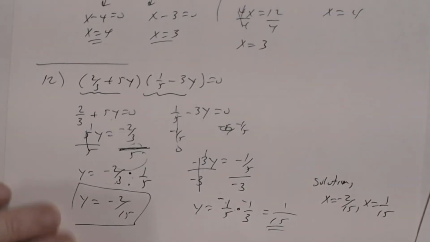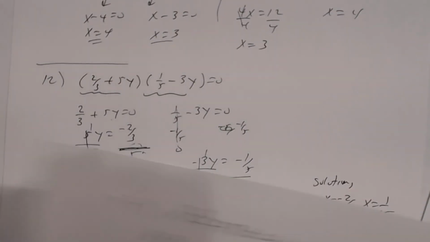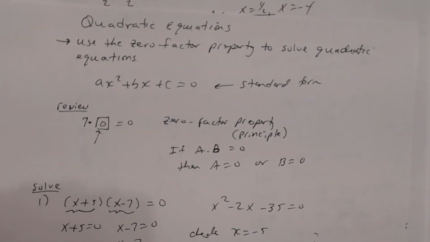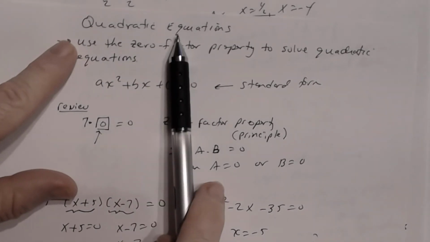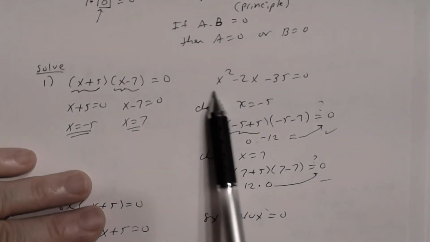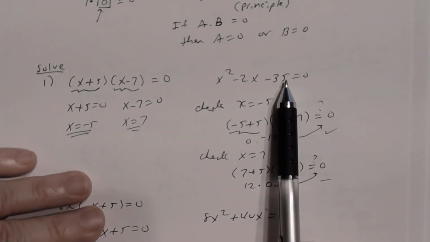Okay? All right, so that was part 1 of solving quadratic equations using the zero factor property. Now let me just remind you of the focus here. The focus was strictly on quadratic equations. Notice that every one of our problems involved a quadratic equation.